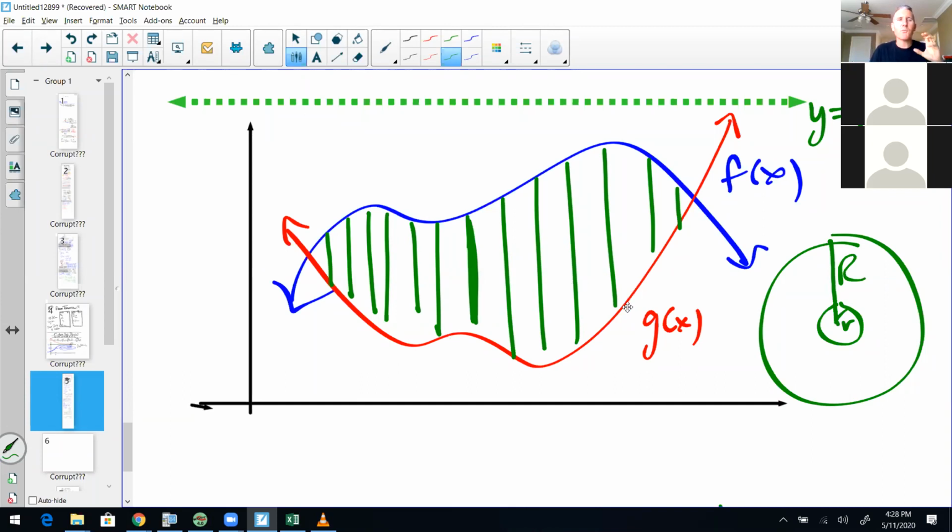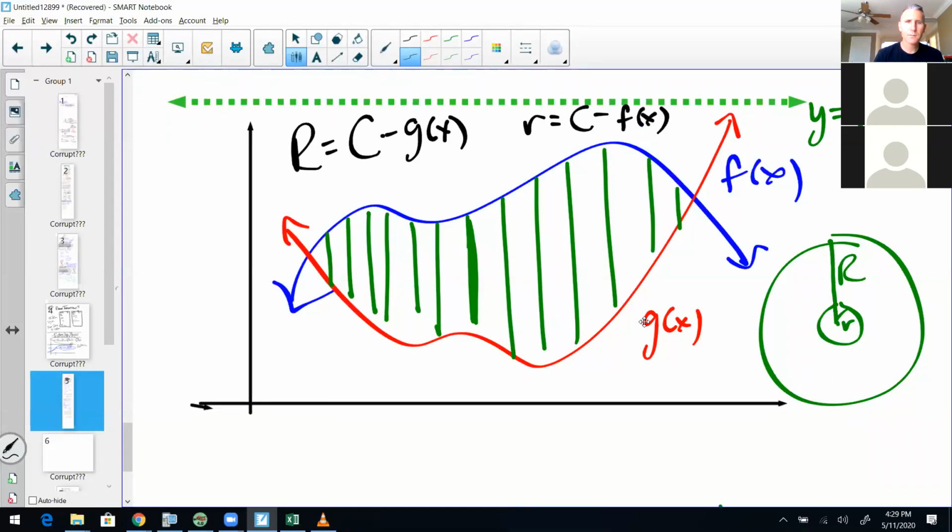But now when you ask yourself, what's bigger, the region or the line it's being rotated about? The line is. So in this case, your big R would be the line minus the guy that's furthest away. And your little r is going to be the line minus the guy that's closest. Does that make sense, Keaton?